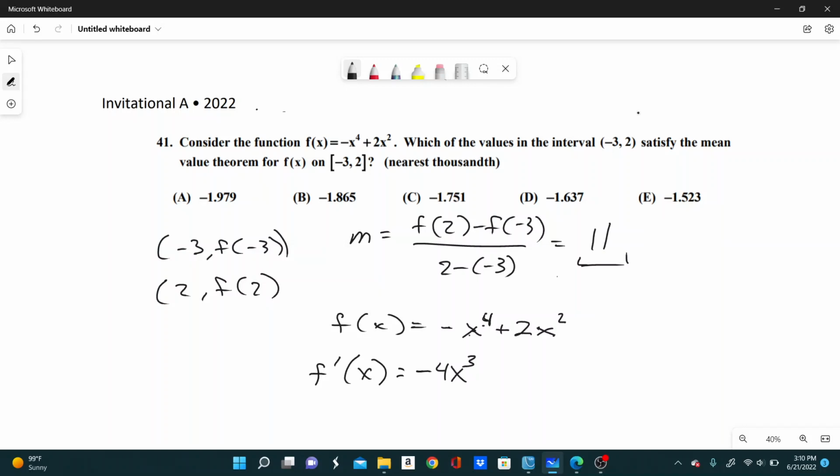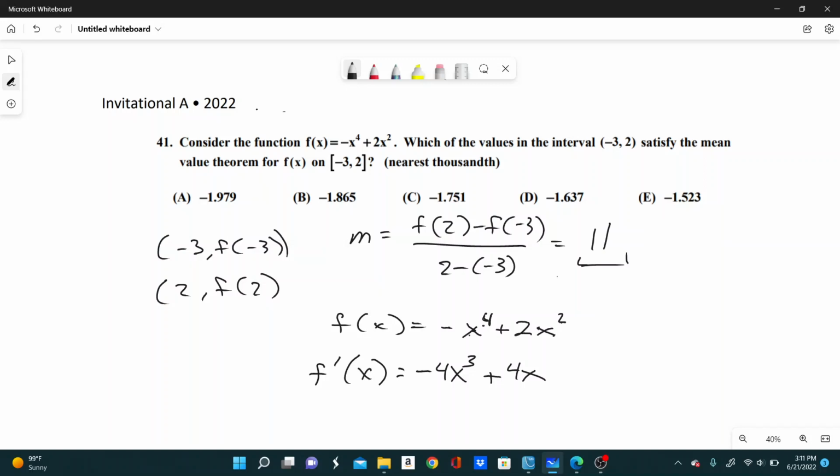For 2x squared, you take the power, multiply it by your coefficient, so 2 times 2 is 4, and then decrease the exponent by 1, that's 4x. That's just how you take the derivative. You can also use your calculator to find that. We found the derivative of f of x is negative 4x to the third plus 4x.